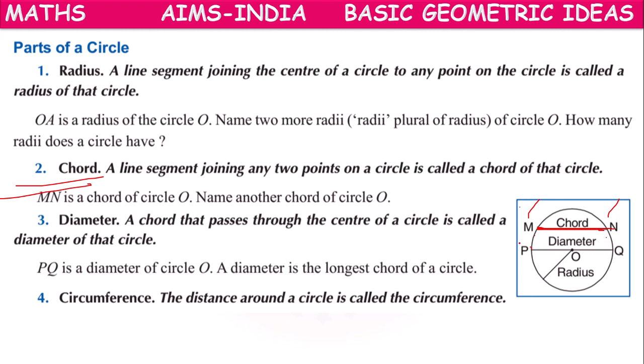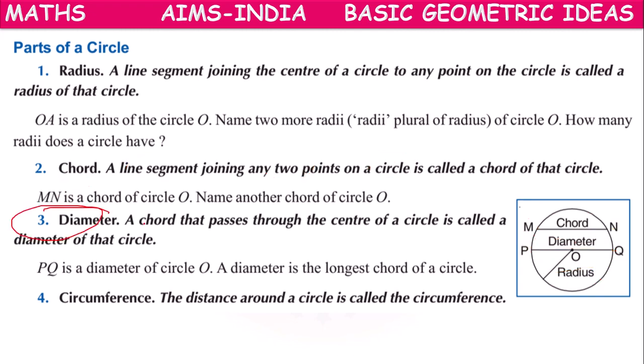Or P and Q on the circle; the line PQ is a chord. So MN is a chord of circle O. Like this we can name so many chords.